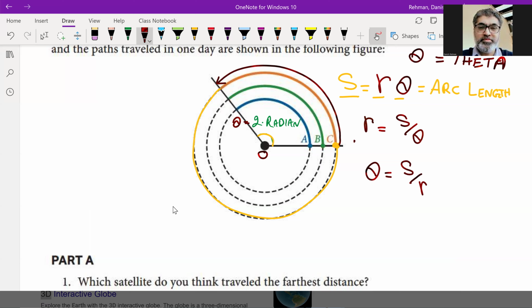The length that starts from the original location of the satellite C up till the point over here, which is 2 radians, is the arc length S. We will divide that by the complete circular rotation, which is 2 pi r. So I will find that fraction by S divided by C, where C stands for the circumference. Make sense? That is the fraction of rotation.